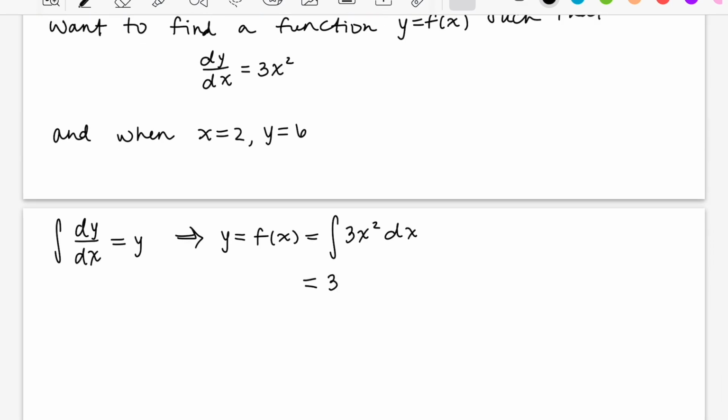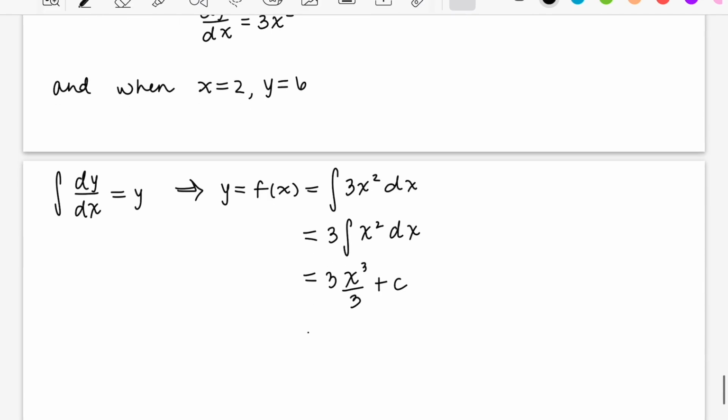We'll pull this constant out, and then take the integral of x squared. We know that this is going to be x to the 2 plus 1 over 2 plus 1, so x cubed over 3, plus some constant c. So simplifying this, we'll just get x cubed plus c.